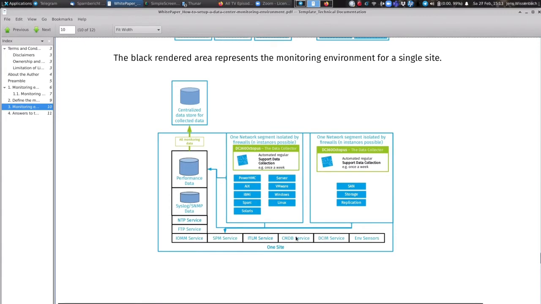This includes CMDB, DCIM, environment sensors, interoperability matrix management, NTP server. Everything is related. Everything that is related to a single site has to be monitored on that site, and the data has to go to a centralized data store where it can be visualized and analyzed in case of a need.